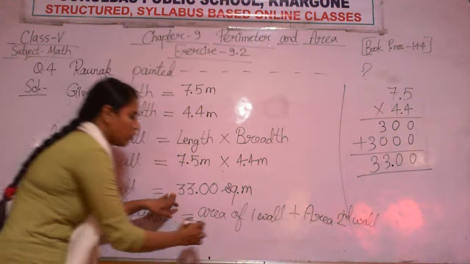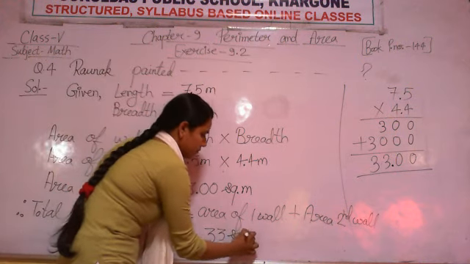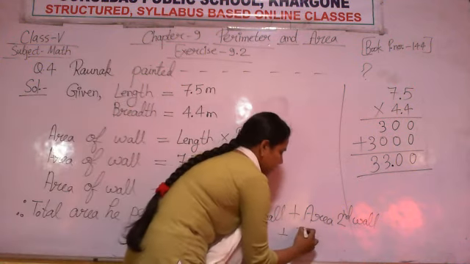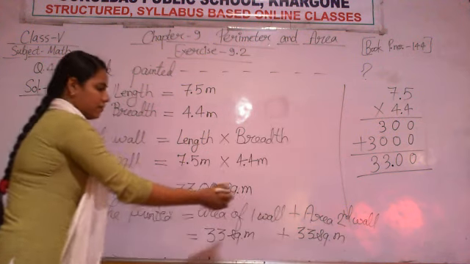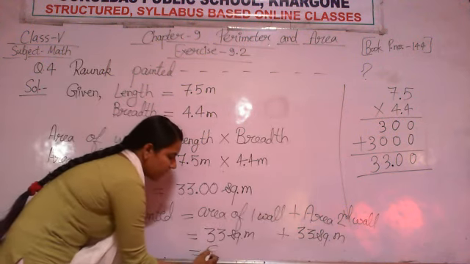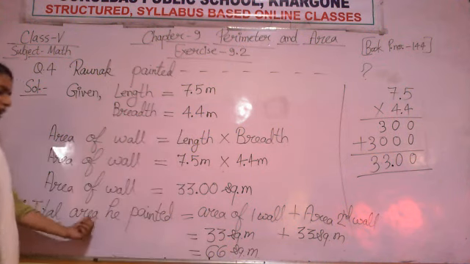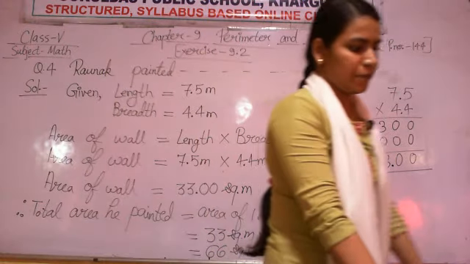And what is the value of area of first wall? That is 33 square meter. And the area of second wall is also 33 square meter. When you add both values, you get 66 square meter. So total area he painted is 66 square meter. Okay.